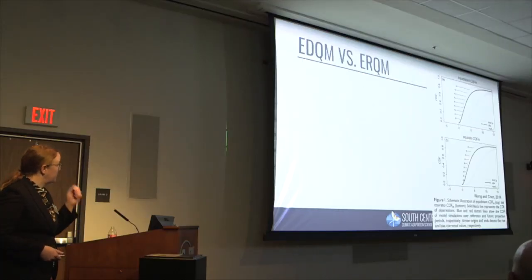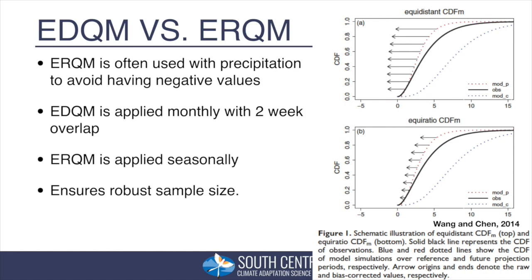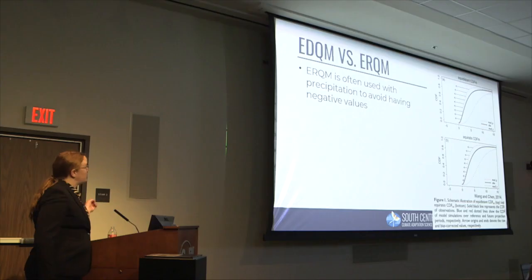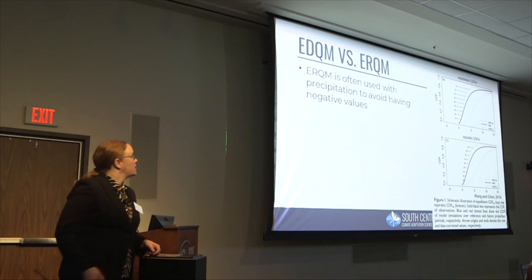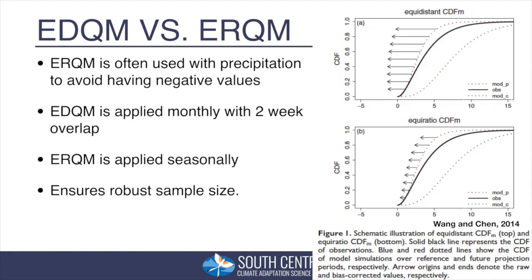As I mentioned, the equal ratio version, or the ERQM, is used with precipitation to avoid negative values, and this is a great example from the Wang and Chen paper to explain exactly why. The blue curve here is a model historical period, the red is a future period, and of course the black is observations, and these arrows show where the distribution ends up after EDQM is applied.